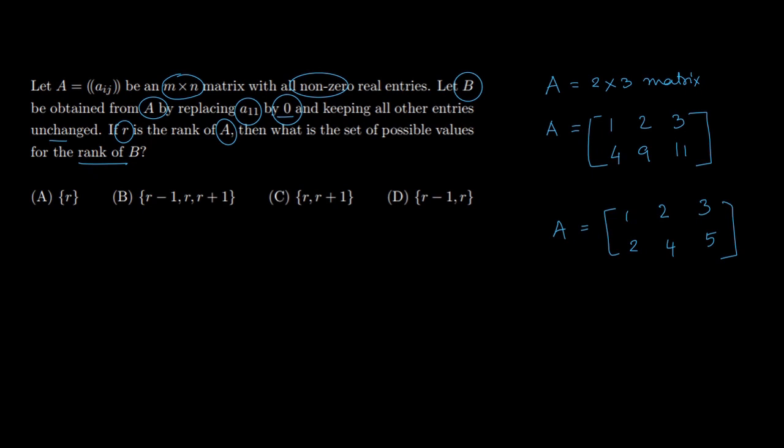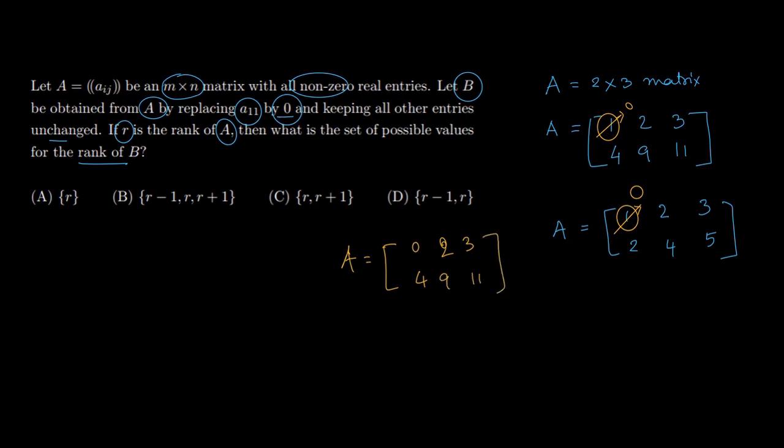Now, what happens if I replace the first element of both the matrices by 0? In the first case, the matrix becomes 0, 2, 3 and 4, 9, 11.